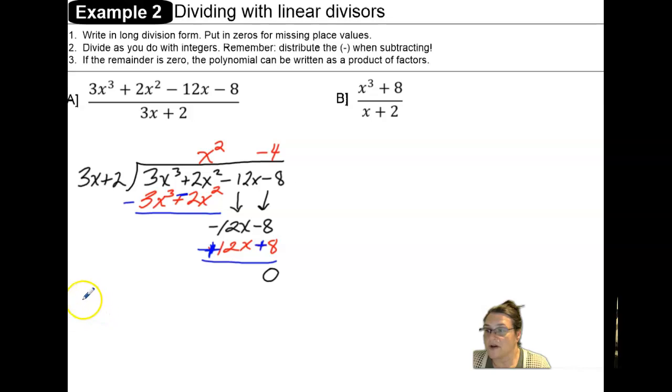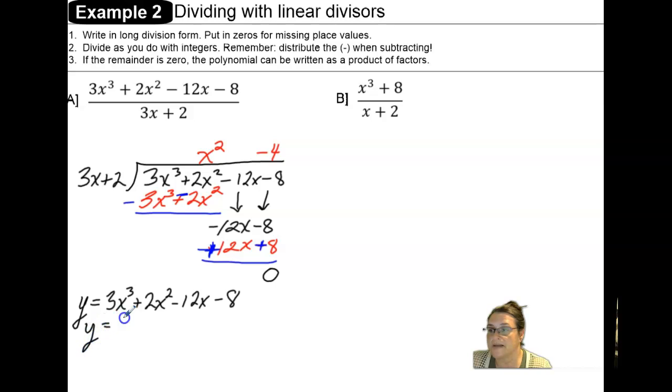So if I started with my standard form, which would have been the dividend, y equals 3x cubed plus 2x squared minus 12x minus 8, and I got a remainder of 0, I now know that my divisor, which was 3x plus 2, times my quotient, which was x squared minus 4, would be a way that I could represent that same polynomial in a factored form.